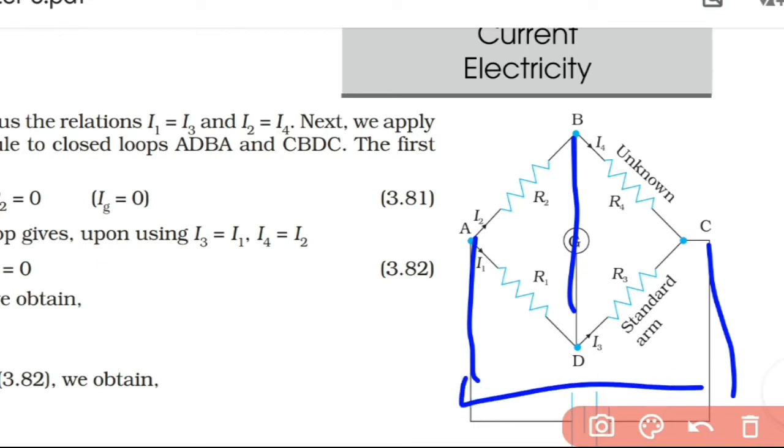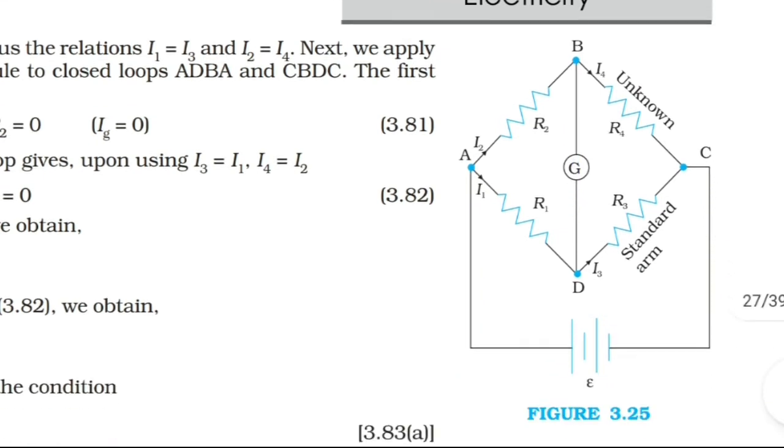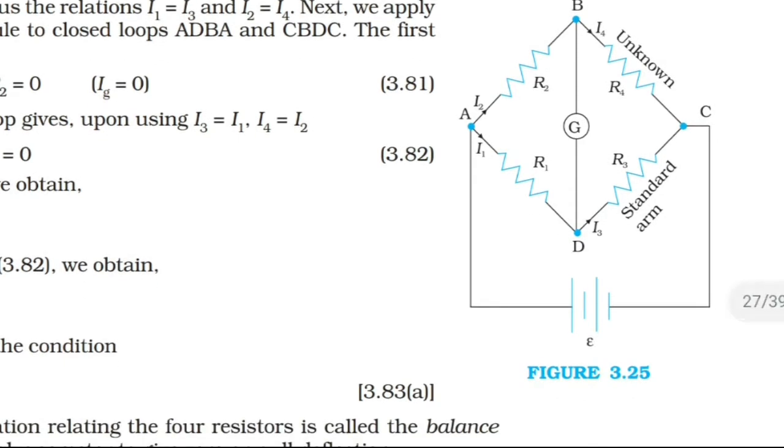You can see that the battery is connected in the arm AC. So that arm we call the battery arm. So AC is called the battery arm, and in the arm BD the galvanometer is connected.